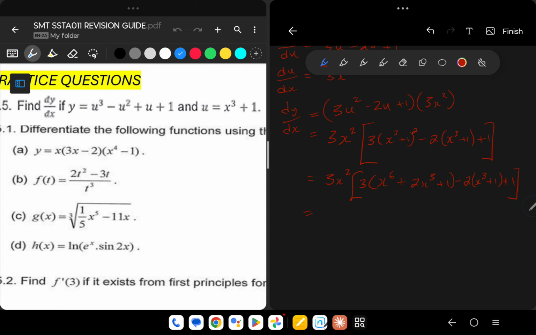So this is what we have, 3x squared into what? Now we will multiply our 3 throughout. This means you're just gonna have 3x to the 6 plus 3 times 2 gives you 6x cubed, 3 times 1 is 3.